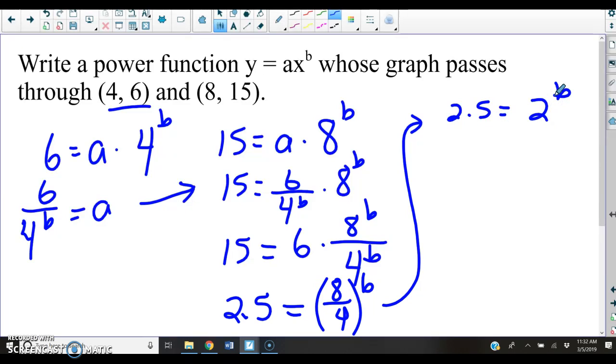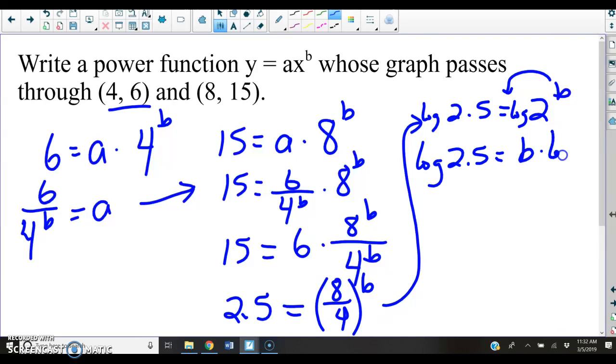To solve that for b, I'm going to take the log of both sides and divide. Because when I take the log of both sides, now my b can be written down here. So I got the log of 2.5 equals b times the log of 2. And it doesn't matter if you use base 10 or base e. But when I divide, my b comes out to really close to 1.32. Okay.